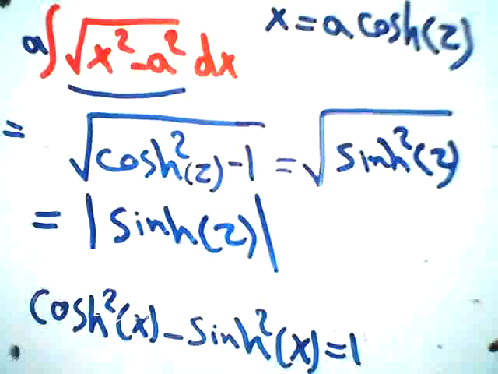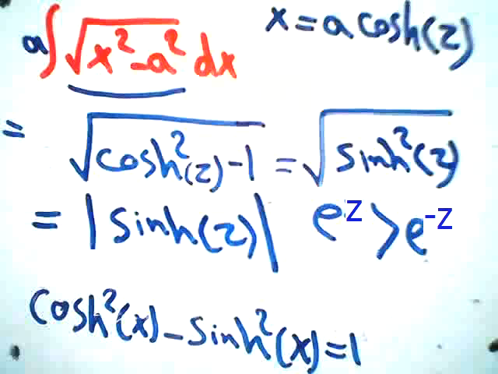So here, let's work with the positive values of z, and for the positive values of z, e to the z is greater than e to the minus z, because e is approximately equal to 2.7 and is greater than 1.